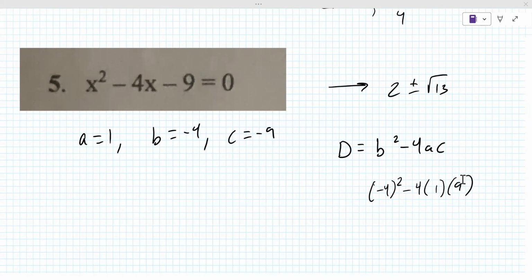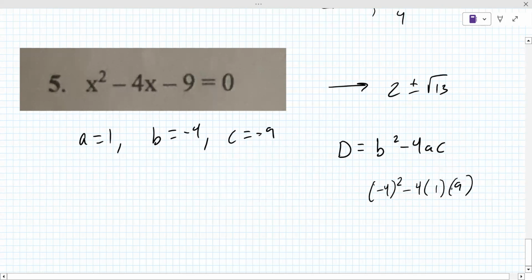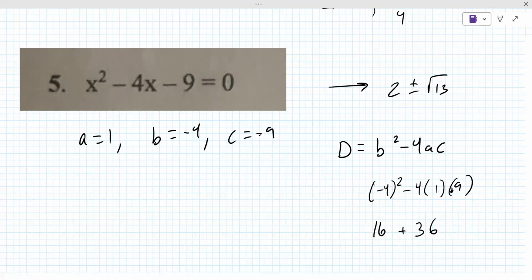A is 1. Oh, B is -9. C is -9. That's the problem. Okay. So there's just a small sign here. It's 16 plus 36. I think you maybe wrote or put down -36 instead.